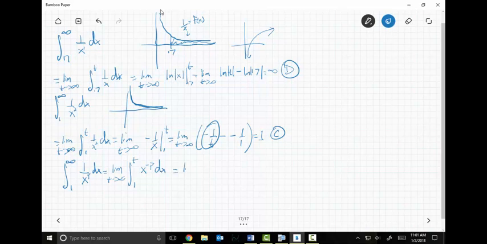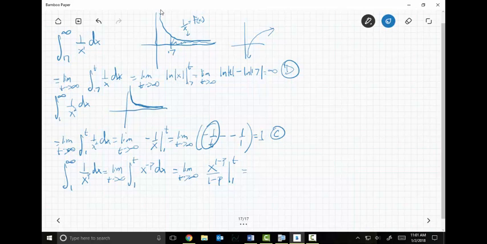Now, this is going to turn into the limit as t goes to infinity of, remember, this is easy. This is an x to the n, right? So this is going to be negative p plus 1, because that's what the integral of x to the n is. So I'm going to rewrite this as x to the 1 minus p, which is the same thing as negative p plus 1, divided by 1 minus p from 1 to t. And let's take a gander.